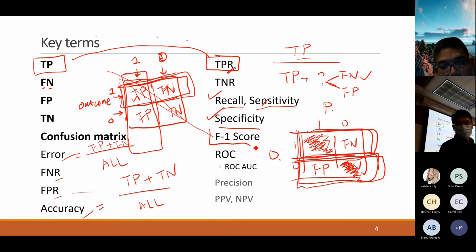And that's the concept behind the F1 score. F1 score is a composite measure that incorporates both of them in a complex way, not that complex, but a little bit. Essentially, if the F1 score is high, it's not very possible that the model will suffer from either a low recall or low specificity problem. But if the F1 score is low, there could be 3 different scenarios. Both the recall and specificity are low. Recall is good, but specificity is low. Or recall is not good, specificity is okay.